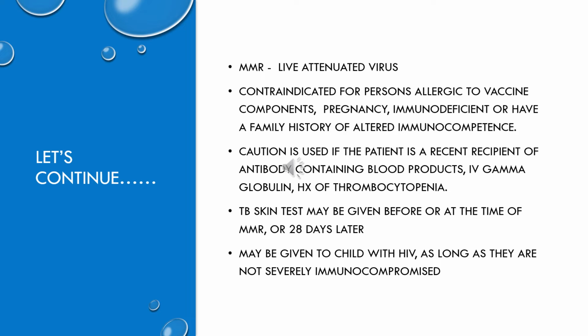TB skin tests may be given before or at the time that the MMR is done, or 28 days later, and can also be given to children with HIV as long as they are not severely immunocompromised. So those are just some little tidbits to know about the MMR live attenuated vaccine.